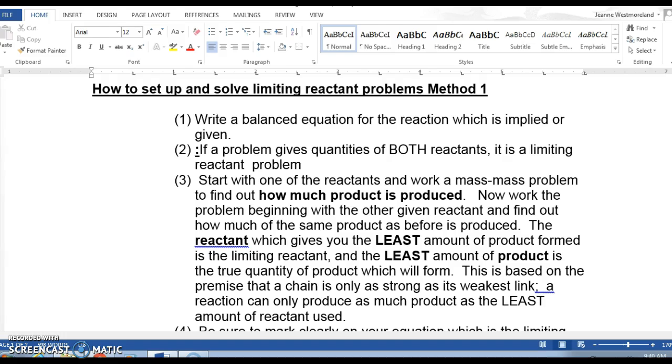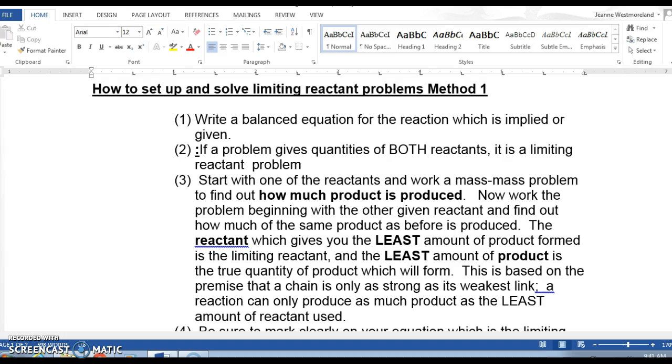Start with one of the numbers given in the problem about one of the reactants and work the problem to figure out how much product would be formed if you used up all of that reactant. And then you work the dimensional analysis a second time with the second number and the second reactant, solving for the same product.